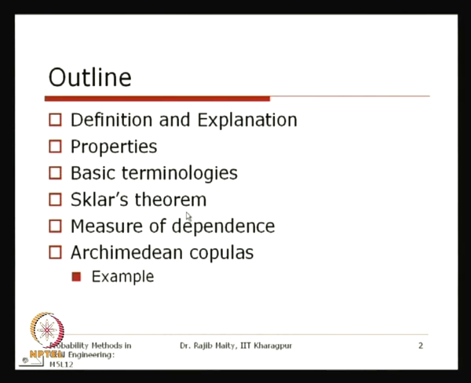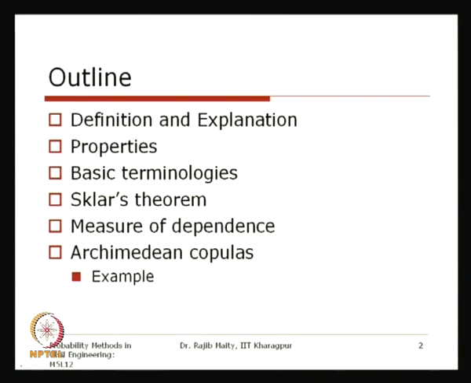After that we also discussed the Sklar theorem, and while discussing it we said that this is basically the most important theorem, where we can use the copula function to develop the joint distribution from the marginal distributions. We also started the discussion on the measure of dependence, and today we will start from the measure of dependence from the copula function, and also we will see how to get those dependence parameters from the samples.